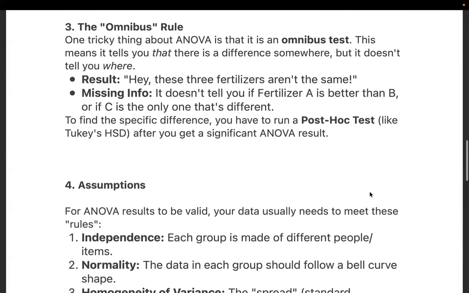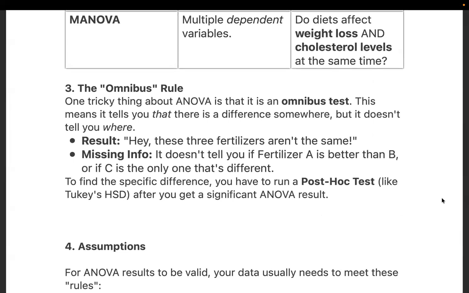So what is omnibus? One tricky thing about ANOVA is that it is an omnibus test. This means that it tells you there's a difference somewhere, but it doesn't tell you where. It will tell you there's a significant difference between the groups, but between which groups?